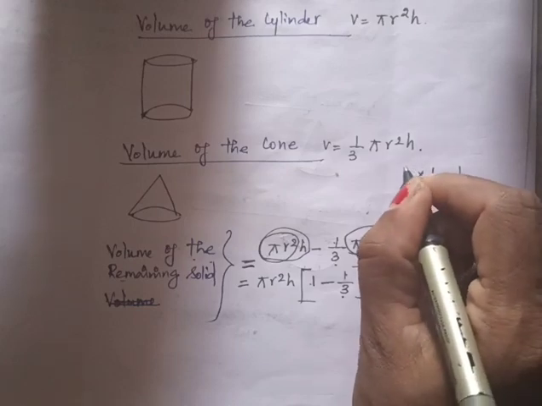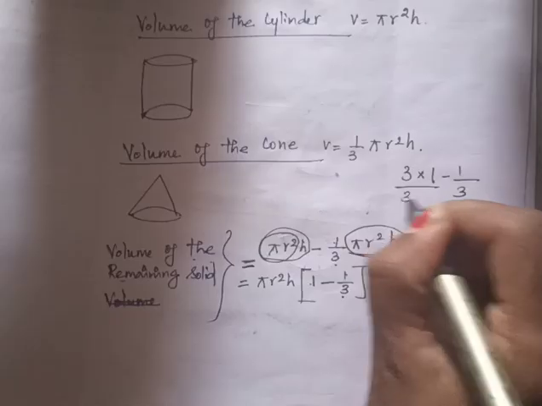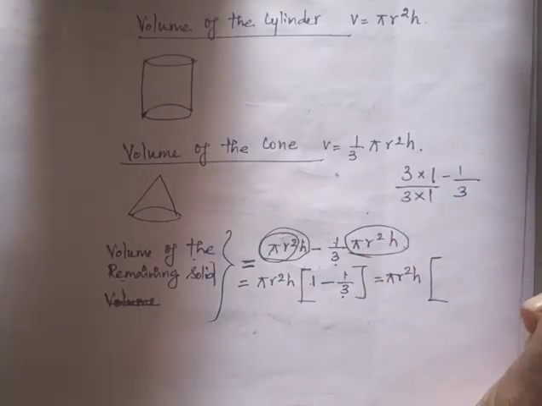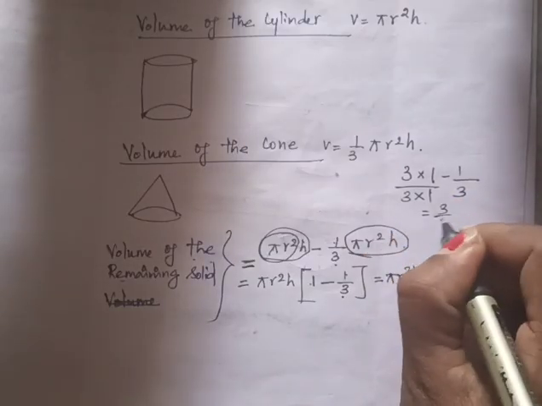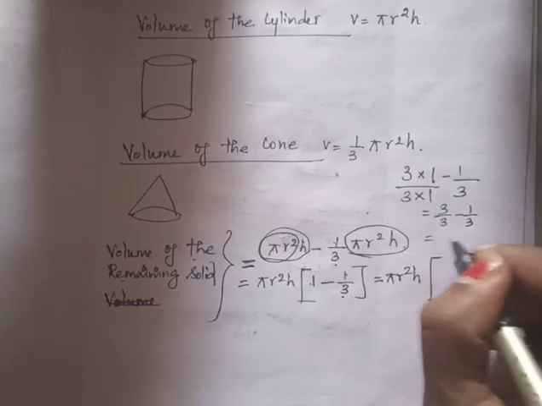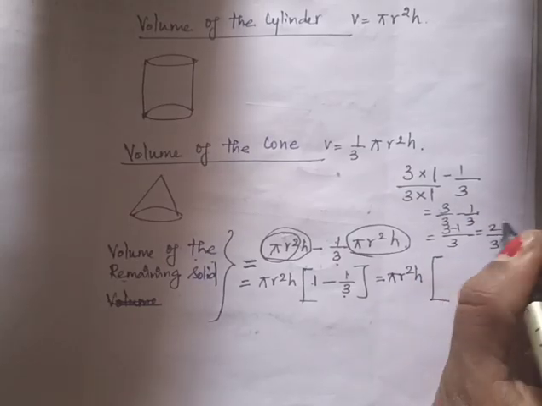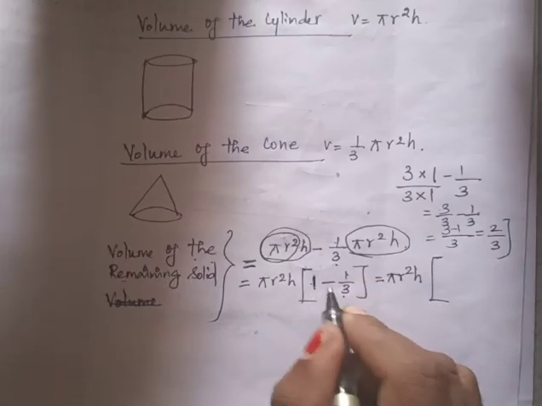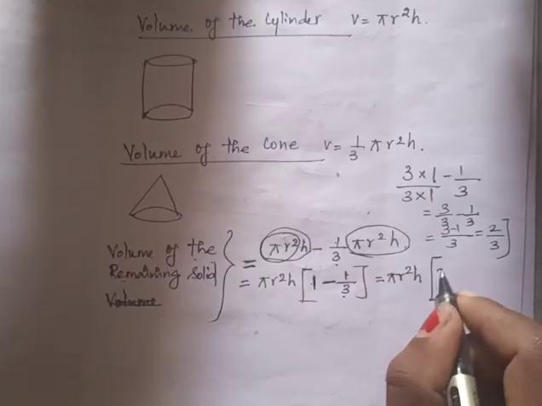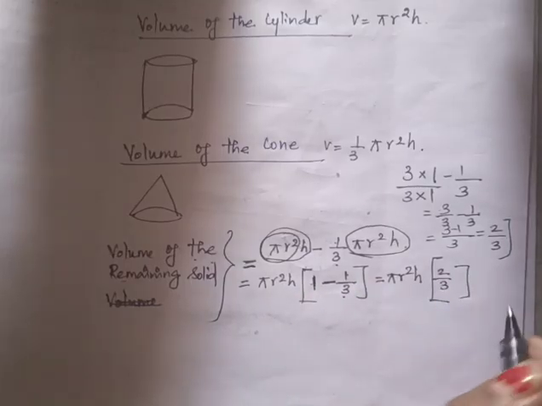Here we multiply and divide by 3 on numerator and denominator. We get 3 by 3 minus 1 by 3. 3 minus 1 divided by 3 is equal to 2 by 3. So the value of 1 minus 1 by 3 is 2 by 3.